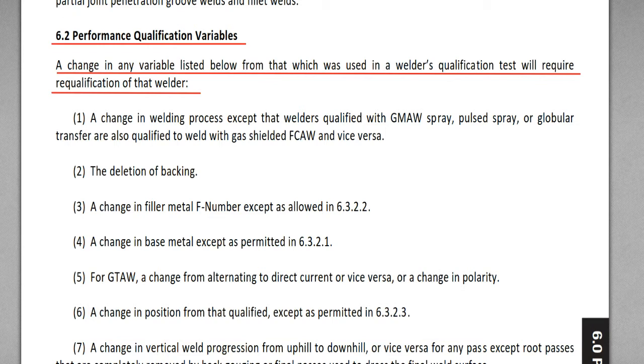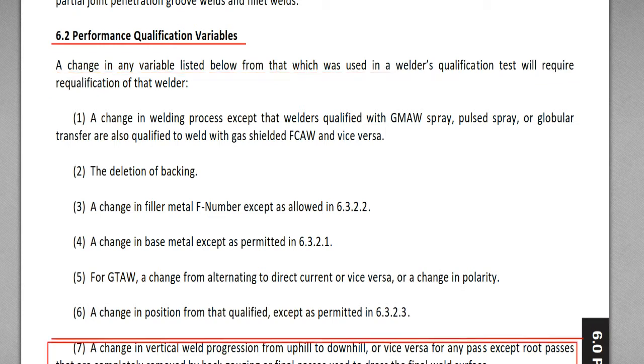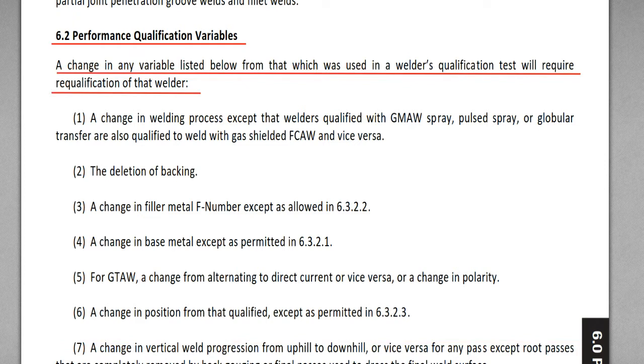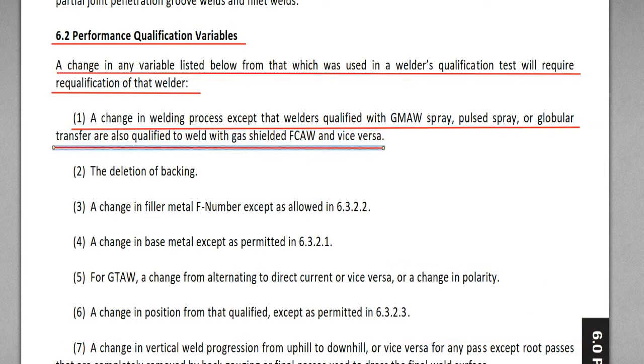Number one, change in welding process, except that welders qualified with GMAW spray, pulsed spray, or globular transfer are also qualified to weld with gas shielded FCAW and vice versa.